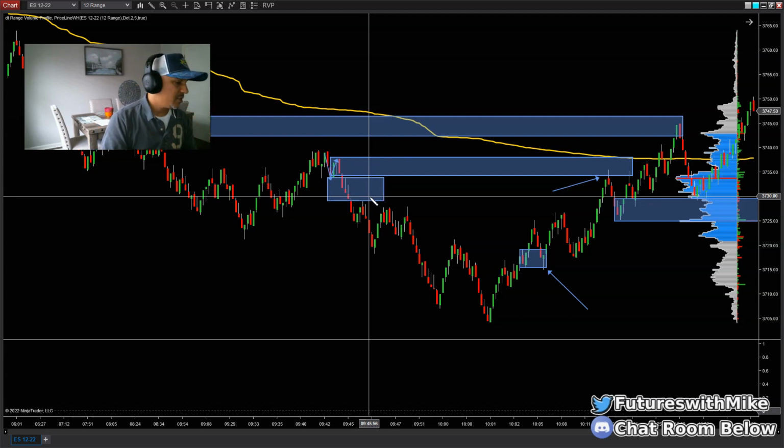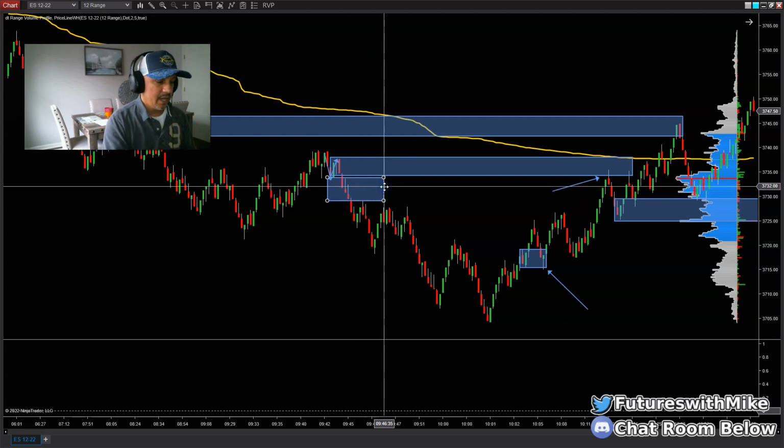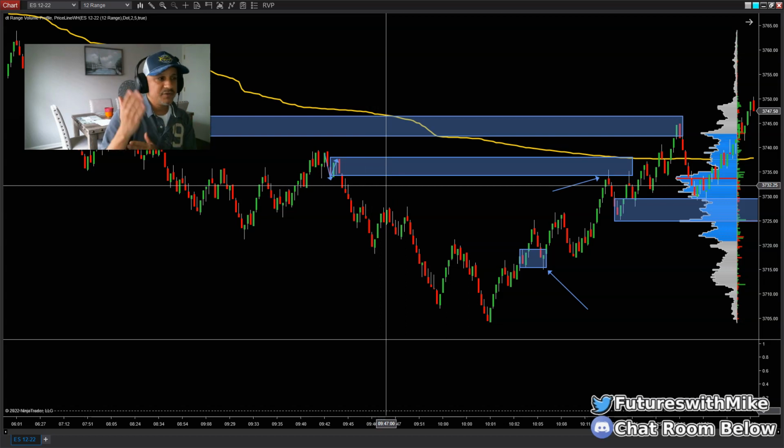So what that tells me is that more than likely, because price moved so quick away from that zone and it broke structure to the downside, and we got a gap where price did not retrace or pull back to it, that was an area where the banks and institutions were quickly trying to fill sell orders to the downside, okay?